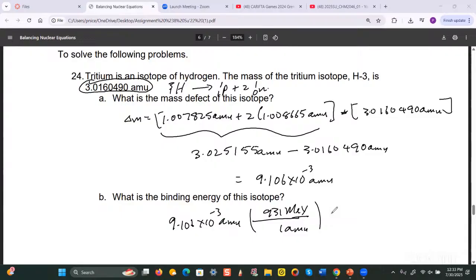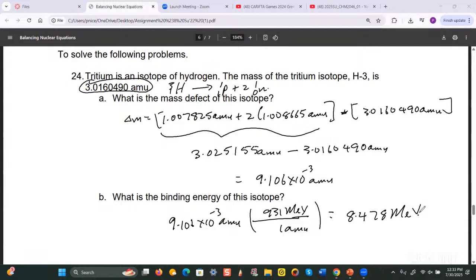You did all that in part A. Oh, okay, my bad. So when I did that, let me see what that gives. So multiply by 931. Rounded off to 4 sig figs, I got 8.478. That's what I got, right? Yeah, mega electron volts, okay, fine. And that's it.